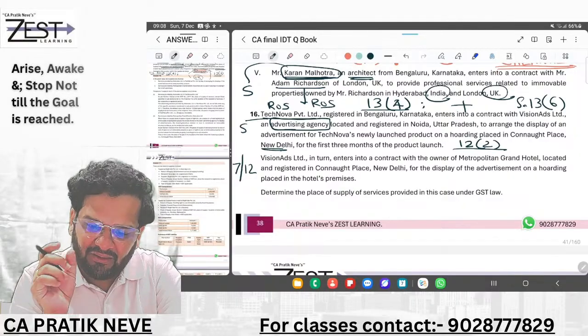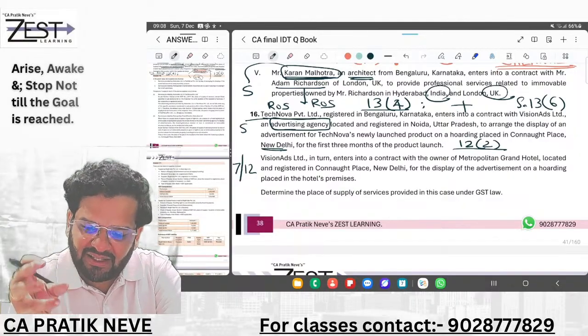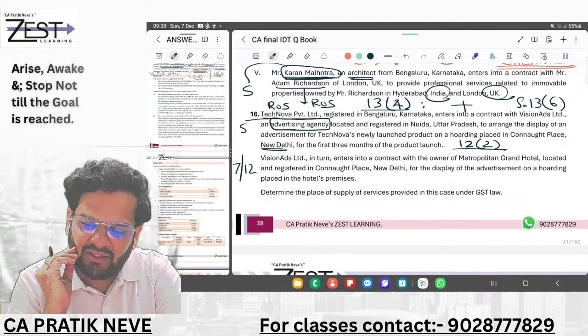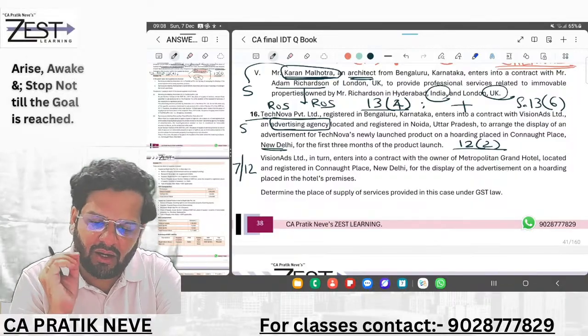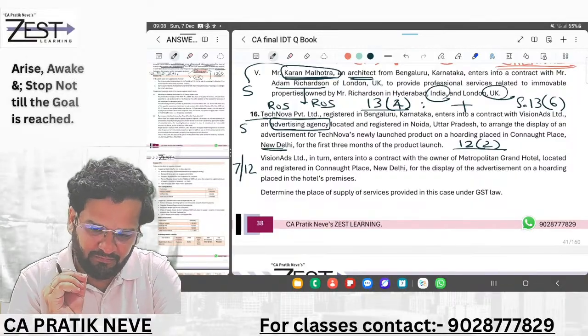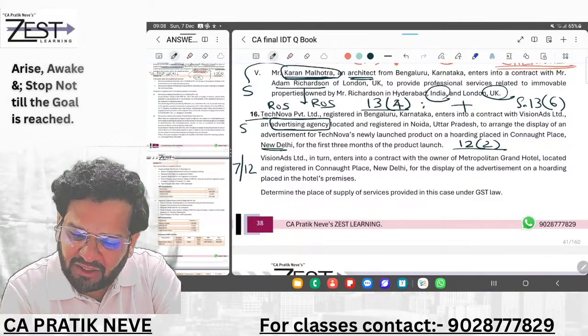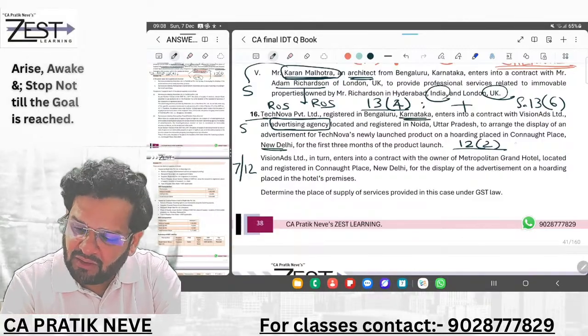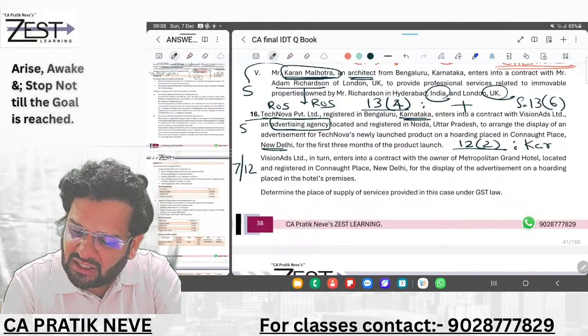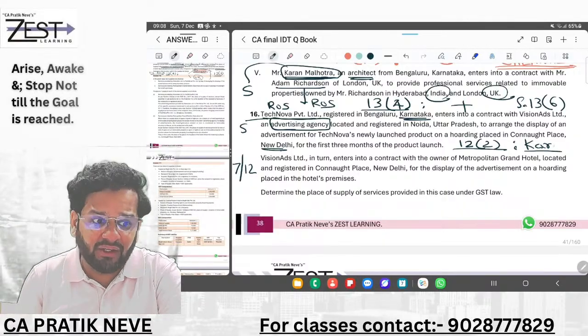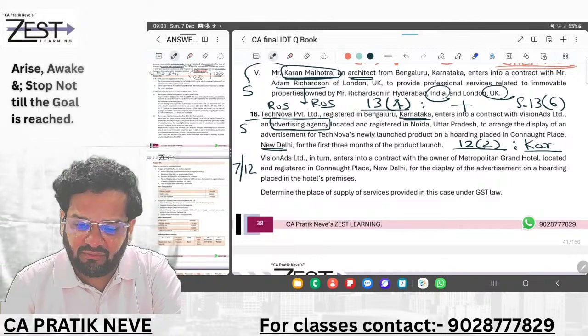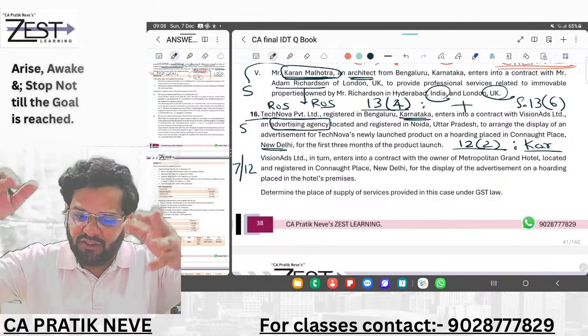So supplier, that is advertising agency, giving service to Technova Private Limited will be covered in 12.2, and Technova Private Limited is registered in Karnataka. So place of supply will be Karnataka. The end, even if advertisement board is placed at Delhi.